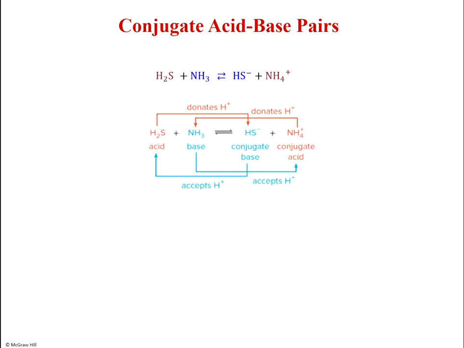Next, we're going to look at conjugate acid-base pairs. Here we have a reaction written down, H2S in water, that's hydrosulfuric acid, with ammonia, producing the monohydrogen sulfide anion plus ammonium ion. So we notice that sulfur on one side is H2S, and on the other side it's HS minus.